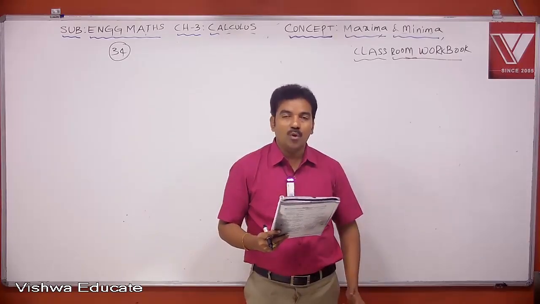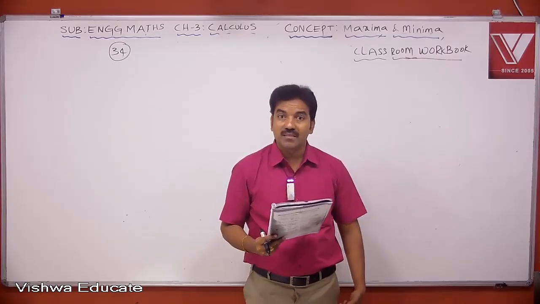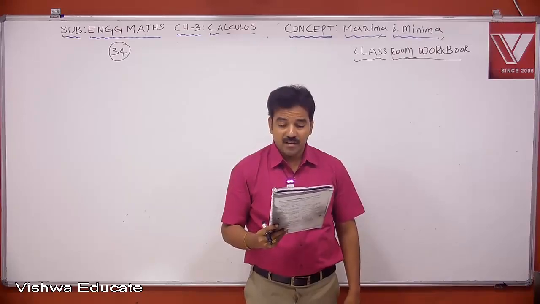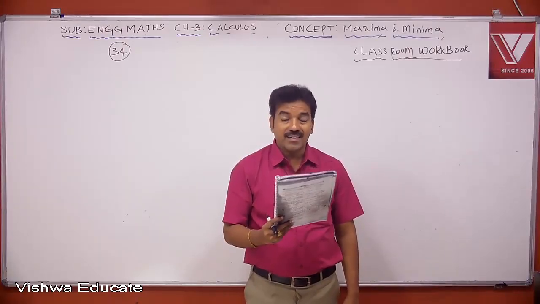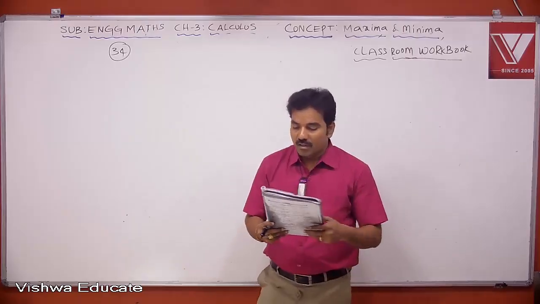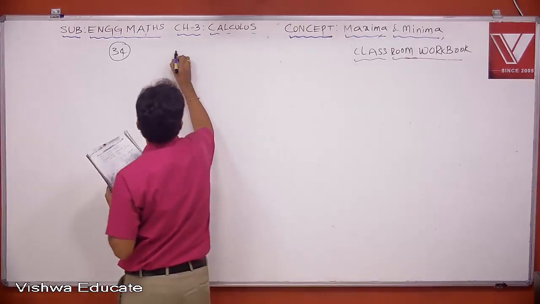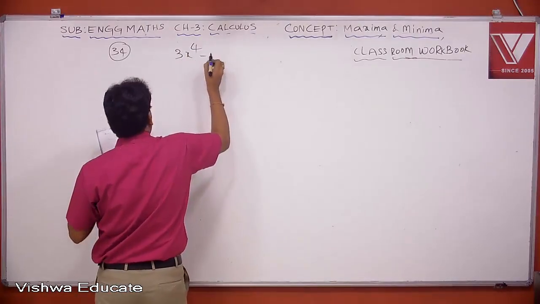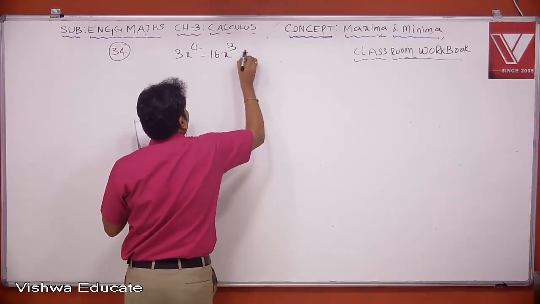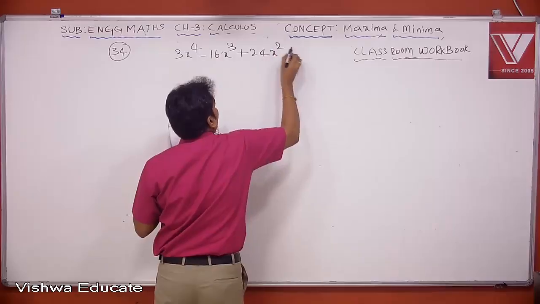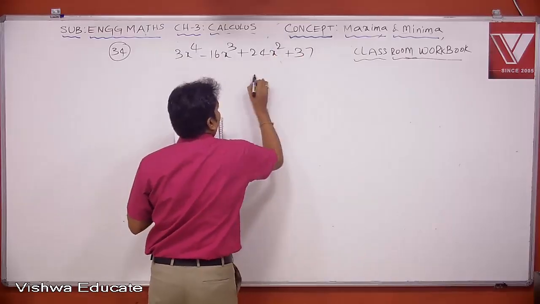So if it is either a local minimum or a local maximum, then this is called an extremum point. So the definition is given. The number of distinct extrema for the curve 3x power 4 minus 16x cube plus 24x square plus 37 is blank.